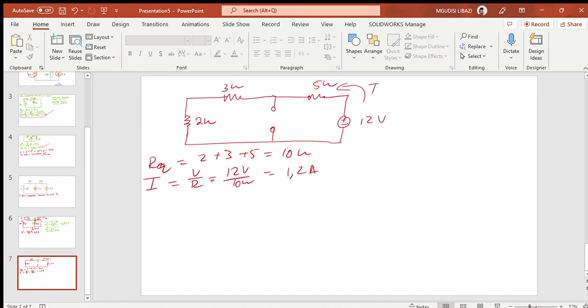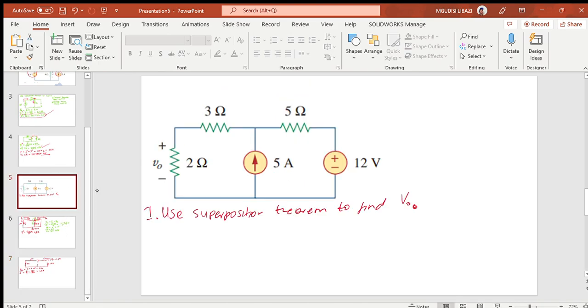Since all these resistors are in series, at 5 ohms our current is 1.2, at 3 ohms our current is 1.2, at 2 ohms our current is 1.2. Remember, the voltage we wanted is the one at 2 ohms.